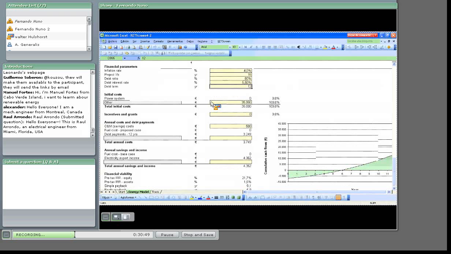What's the initial cost? Well, small wind has comparable costs to a photovoltaic system. So for 10 kilowatts we would be around 40,000 euros, 50,000 euros.